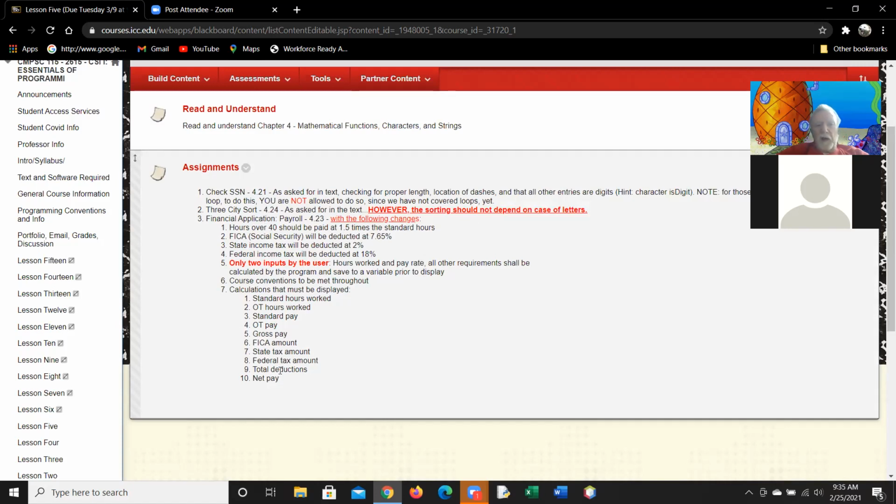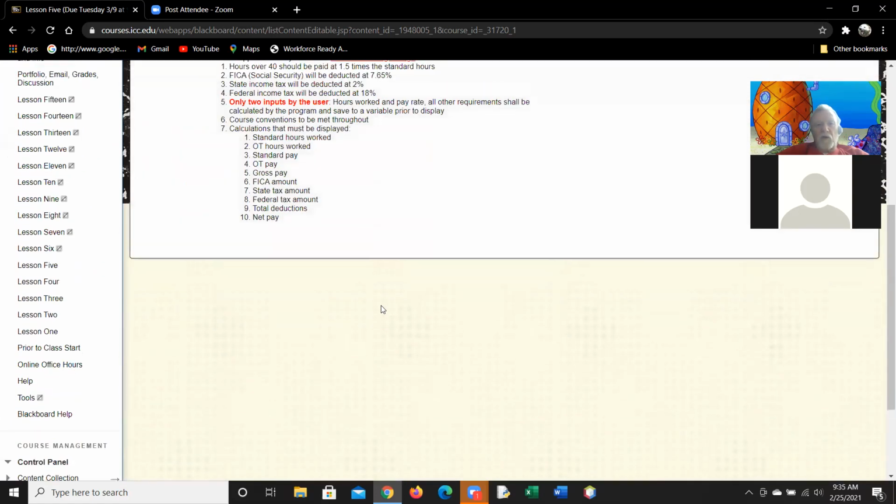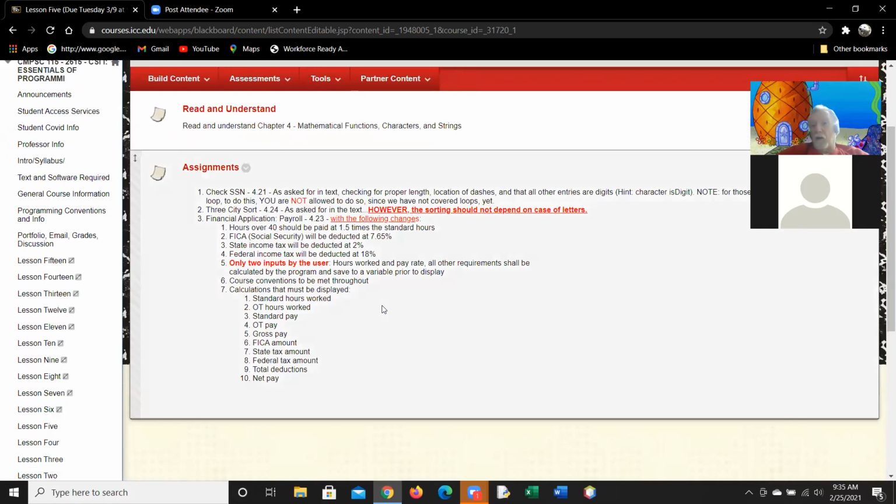The one I'm going to do today, we're going to go ahead and create a financial application. In other words, I want to create a paycheck stub. Okay. And it's kind of a fun program to do, I think, anyway. Not that everybody here has to agree with that. But this chapter is chopped up into like 4 different parts.